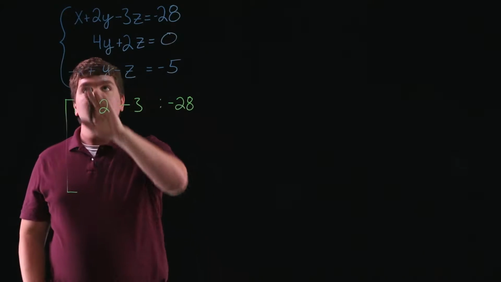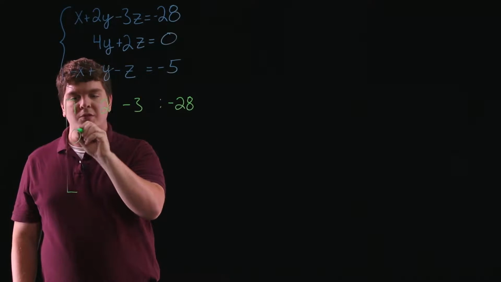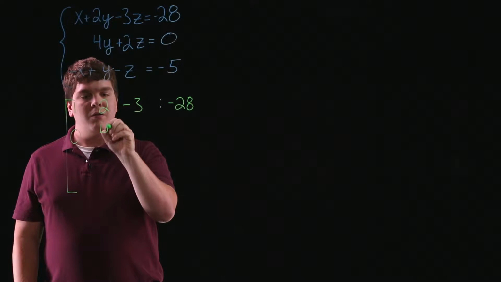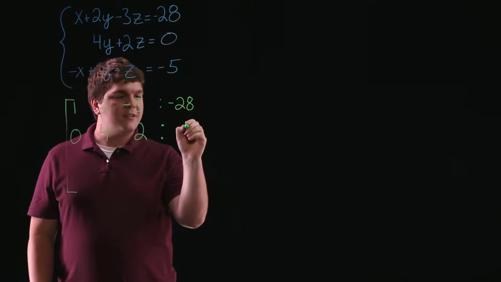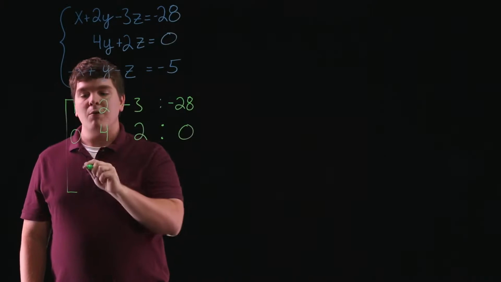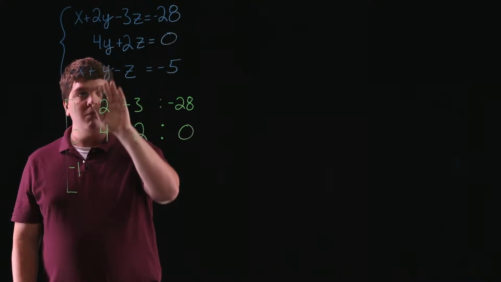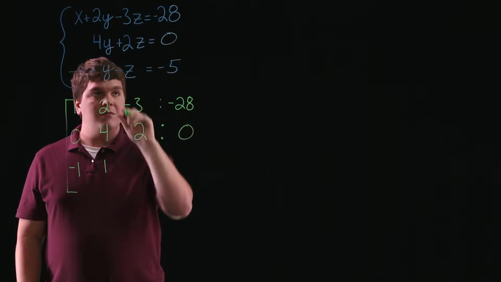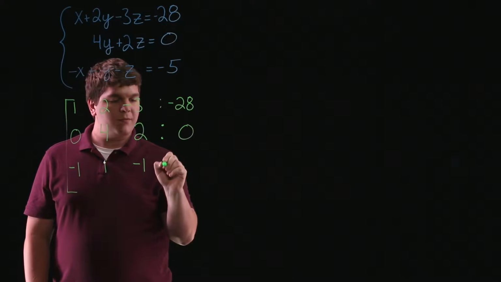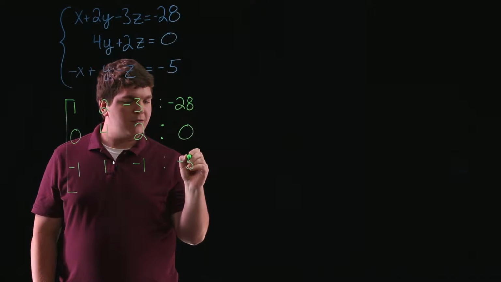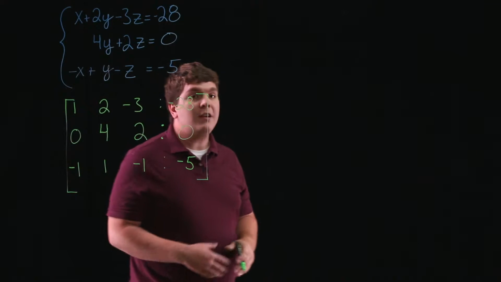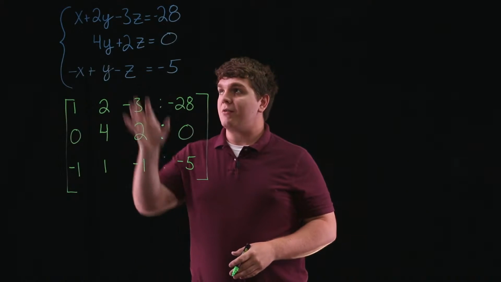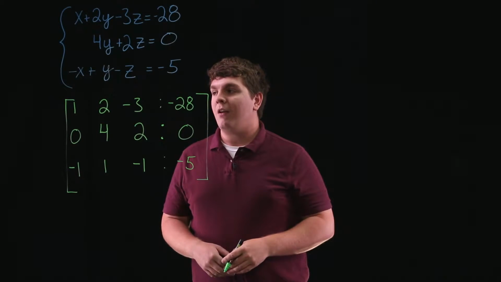Our second row, since we have 0x, we'll start with a 0, 4, 2, and then a 0. And for our third row, we'll have -1, 1, -1, and -5. So here we have our augmented matrix representing this system.